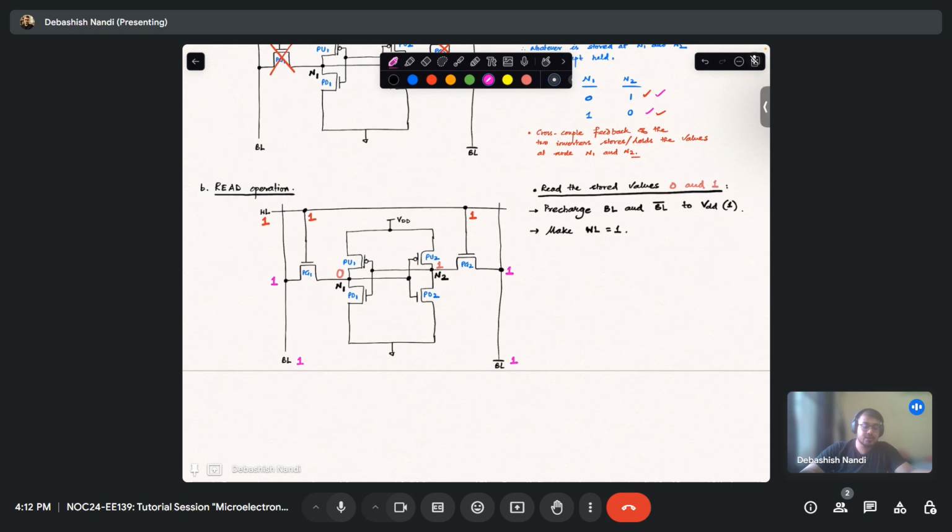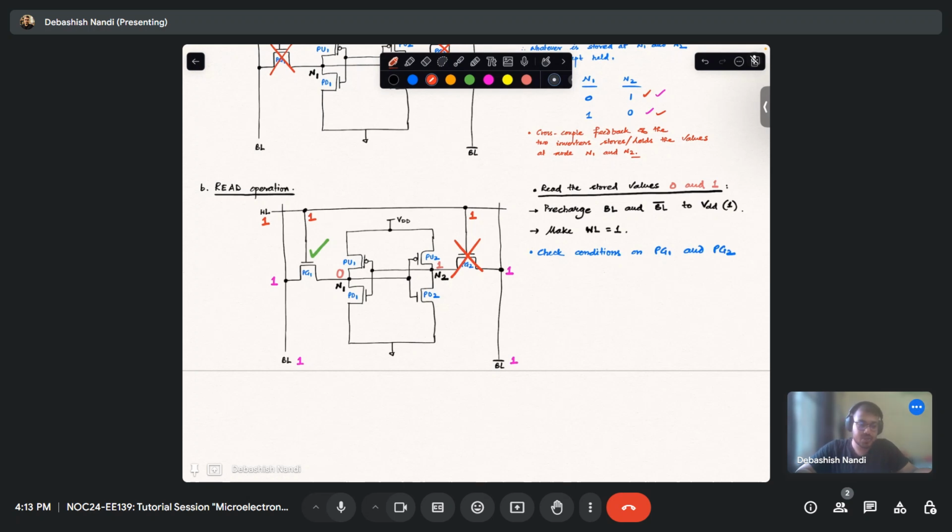Now what is the condition on the transistors PG1 and PG2? Check conditions on PG1 and PG2. Okay. So this is conducting, but this is off because gate to source voltage for an NMOS, we know that threshold voltage is greater than 0 generally for an N plus poly P type substrate NMOS.